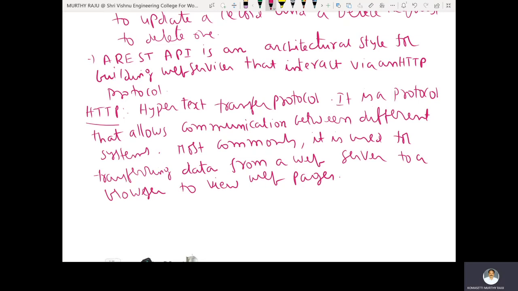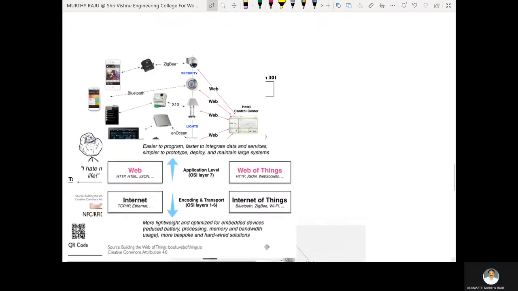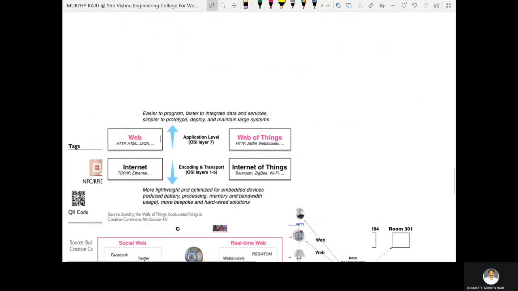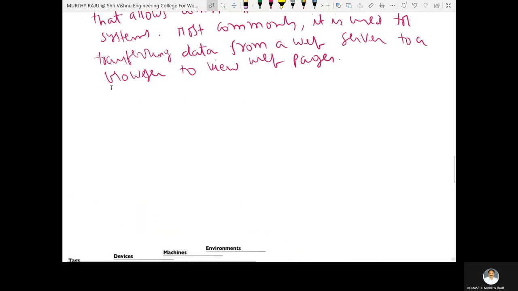Next, one more important thing here is HTML, hypertext markup language.